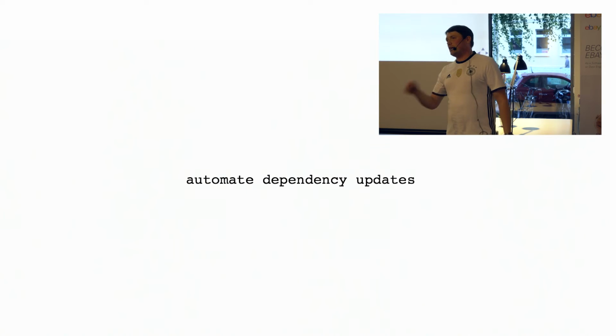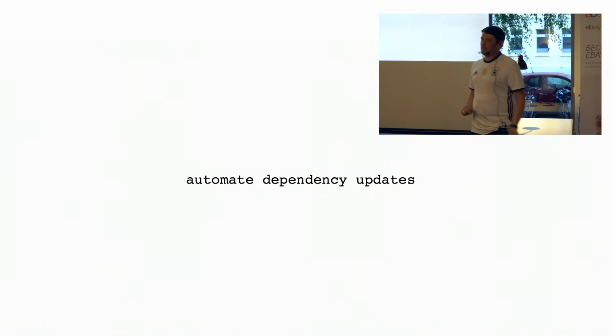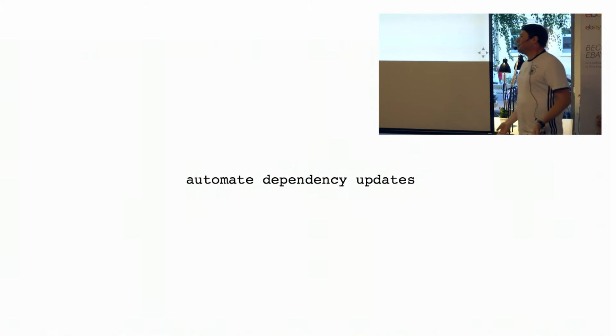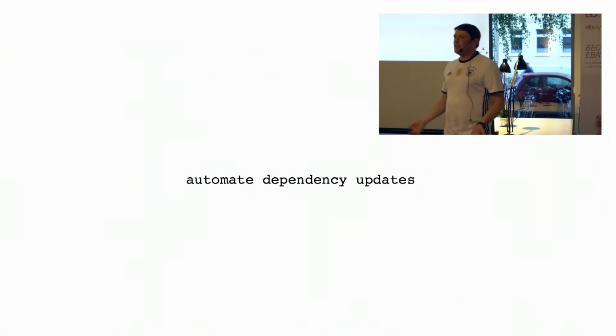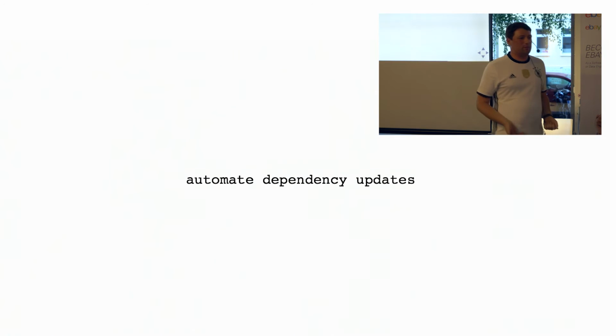So you don't have to do anything else than just merge the pull request. But, well, Greenkeeper is the only tool I know that does something like this. So most of the time you need something else. So at the moment I don't see that there is a really good solution. So basically we are not using one. But I would really like to see some more automation on that.